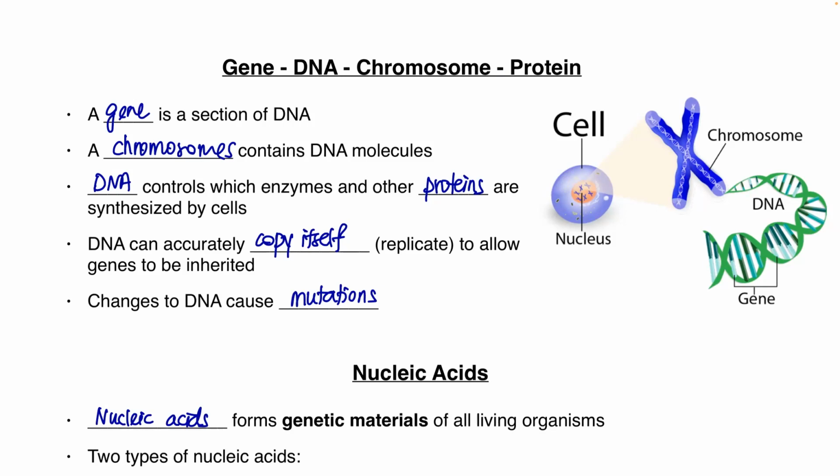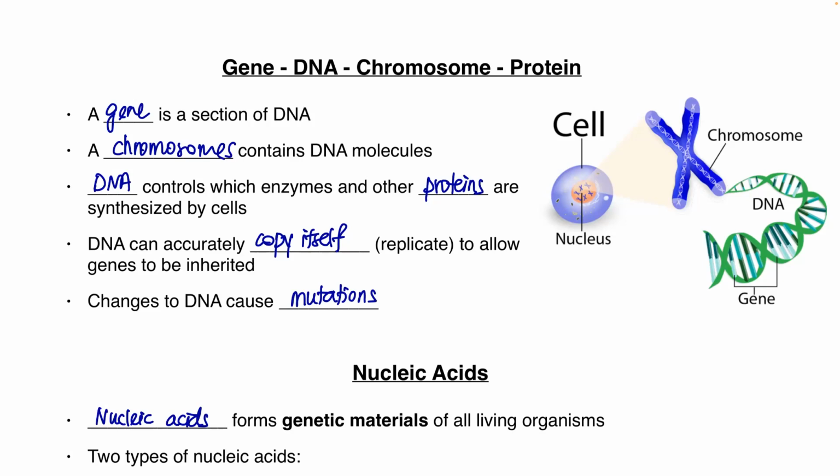So we always talk about gene. Gene is essentially a section of DNA, and this is not the best definition of gene. Gene essentially is what we call an information unit that encodes a particular polypeptide chain.